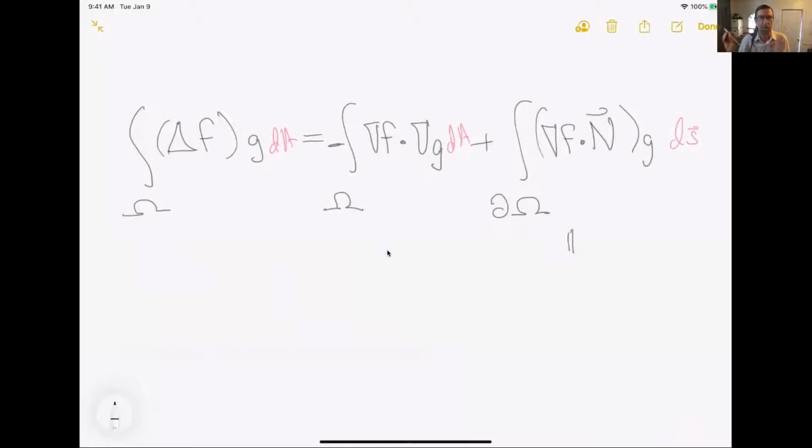So one thing to recognize is that I can multiply the vector by the scalar first and then dot it with n. So you can move that g inside and make this the integral over the boundary of omega of the gradient of f times g, dotted with n.